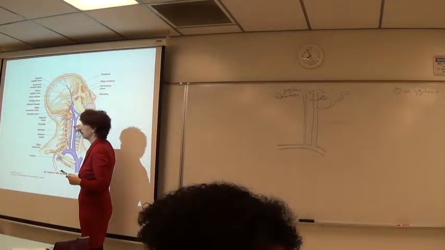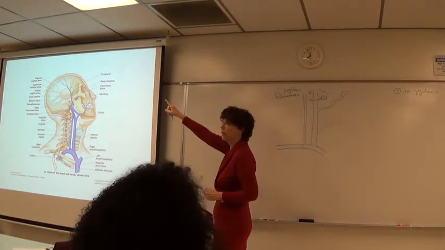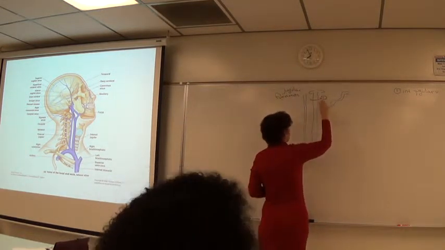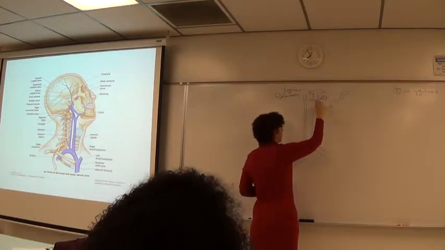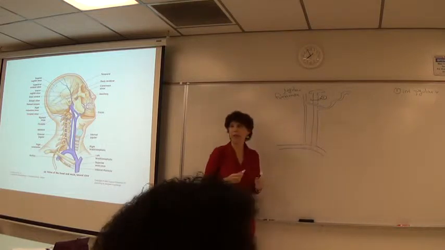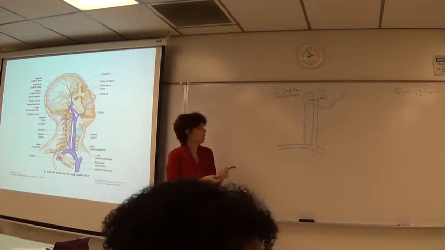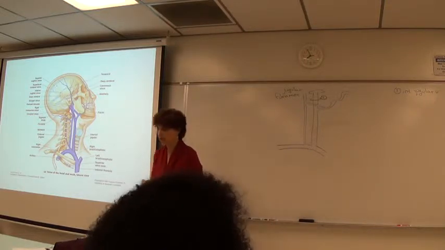Facial primarily goes into internal jugular, but it can go up to and join into the external jugular. Depends on pressure, because remember, pressure is what drives our blood flow. So facial is going to drain primarily into internal jugular.